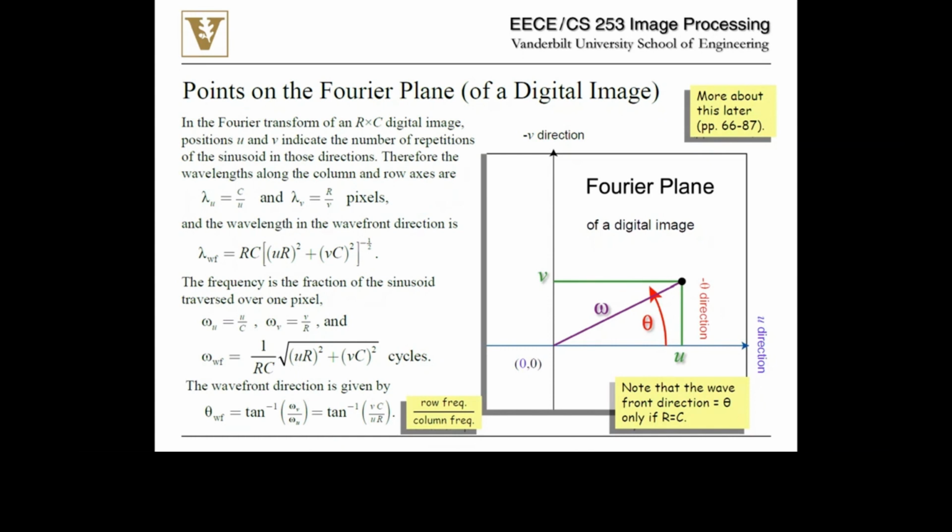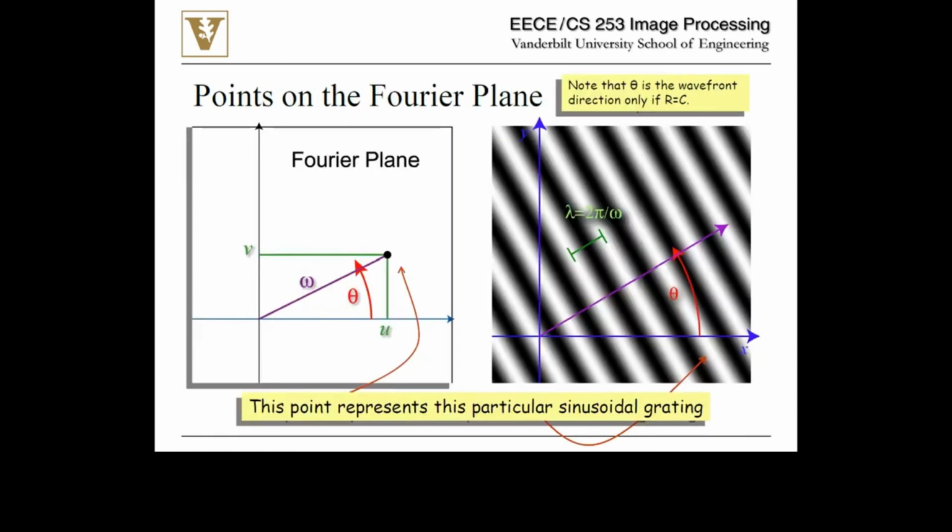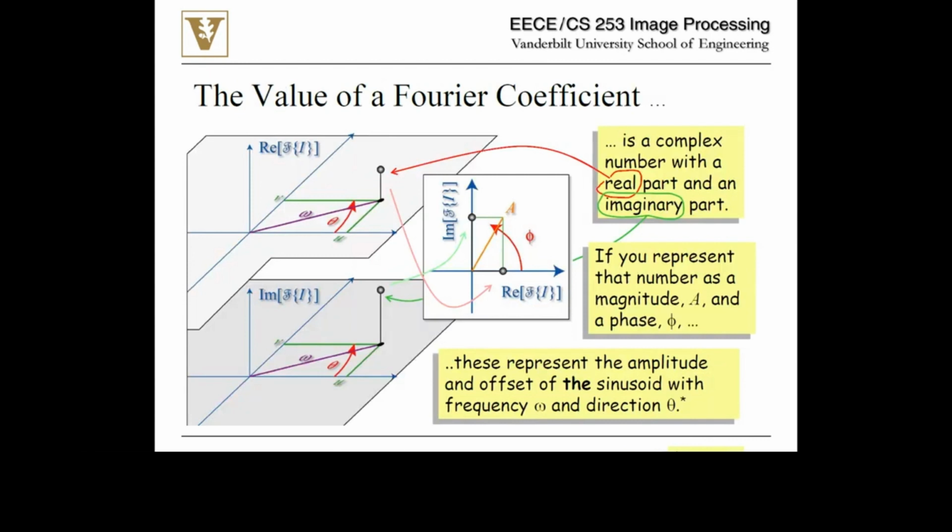And then the direction of propagation, this angle, can be calculated as a function of these 2 frequencies. This is just a reorganization of the calculation, so it is the same. Okay, so the same idea again.